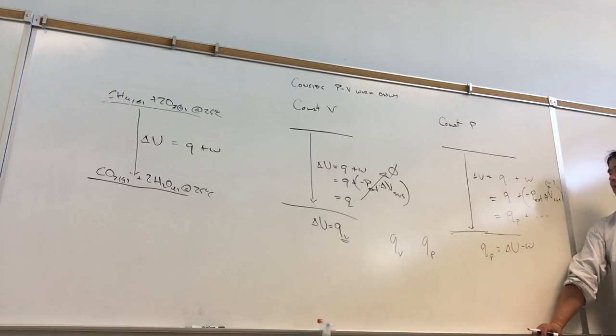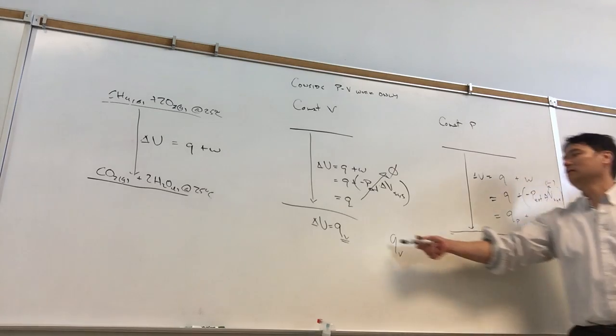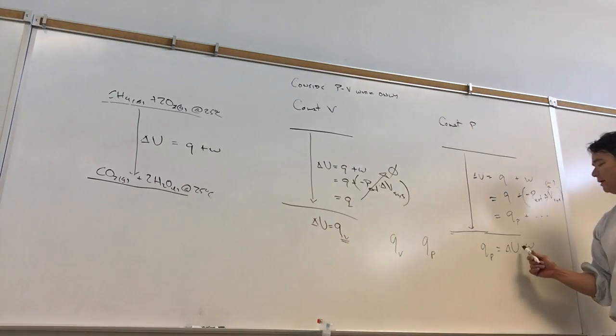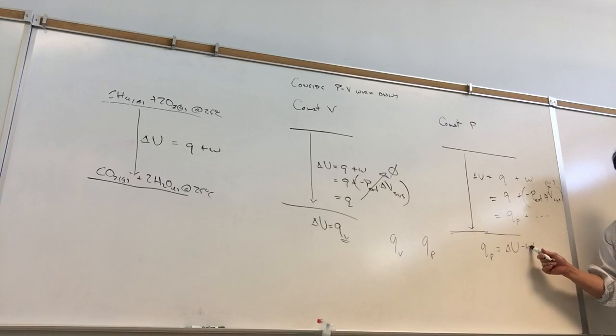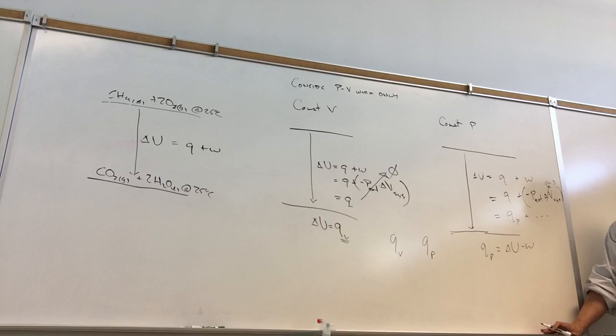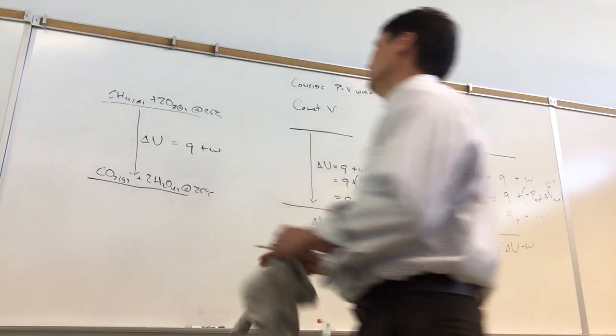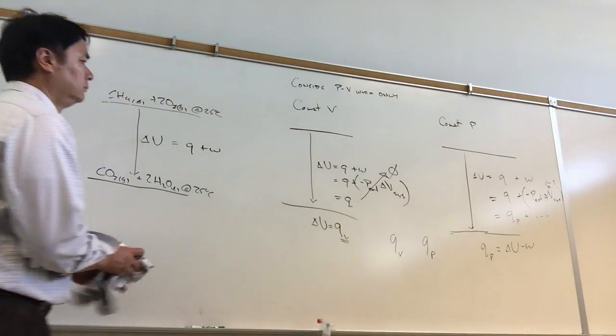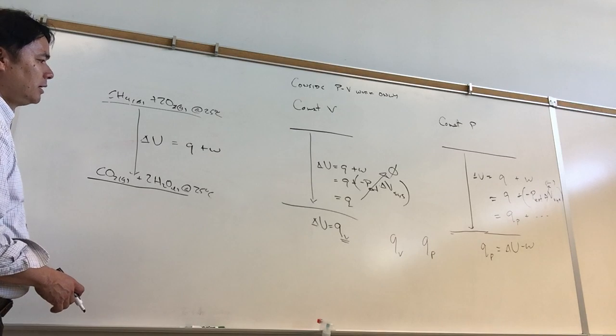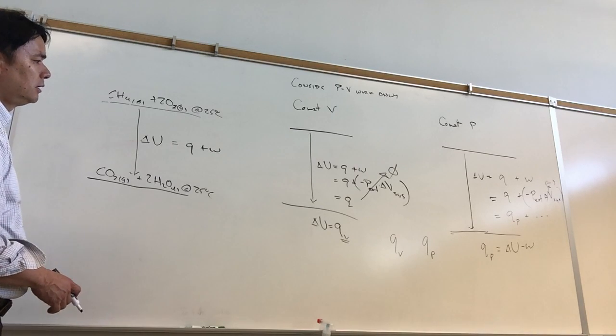It looks like that because here, Q is equal to delta U, but these signs are always very tricky. And so let's do a quick calculation about that.